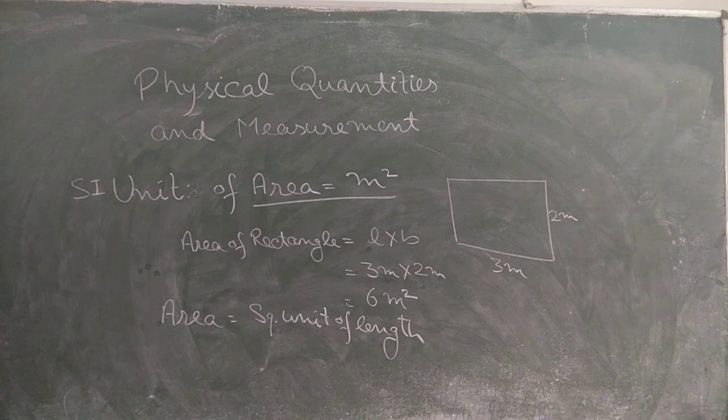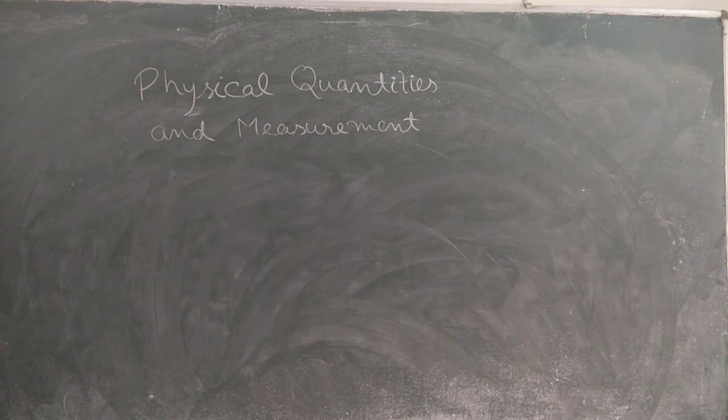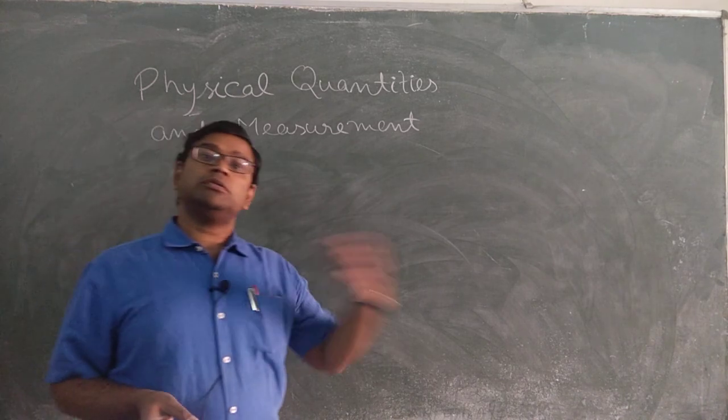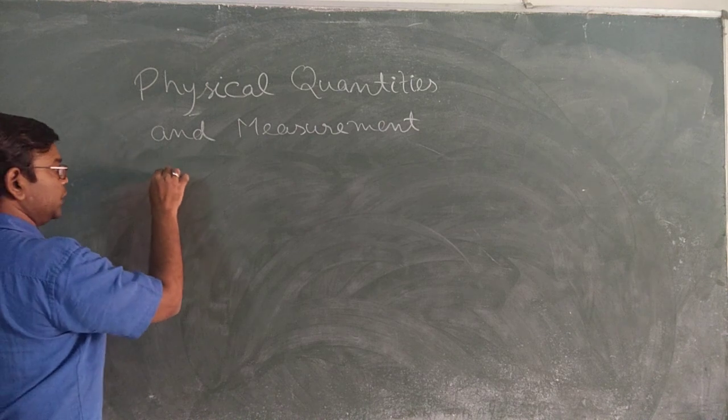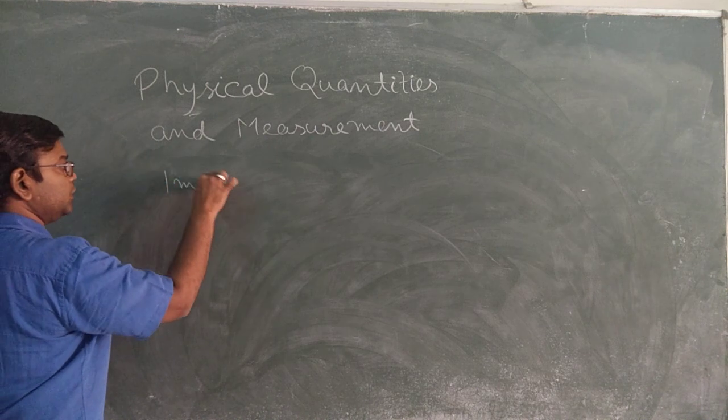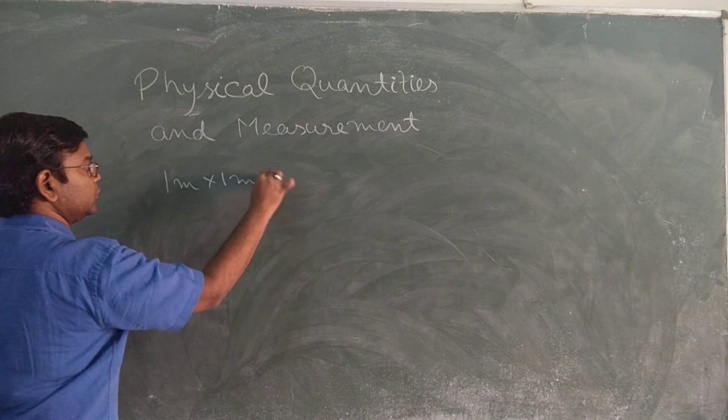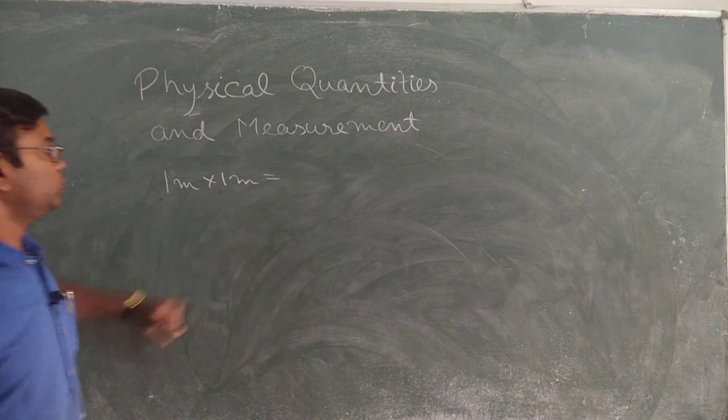Now there is a conversion of your SI units. So let's discuss this one. Here I am simply going to convert a meter square into centimeter square. How do we convert? See this one. As we know, 1 meter into 1 meter, we have 1 into 1 meter square.